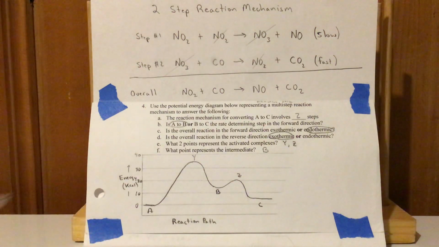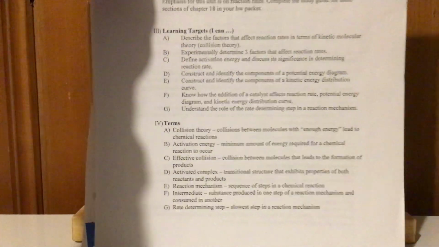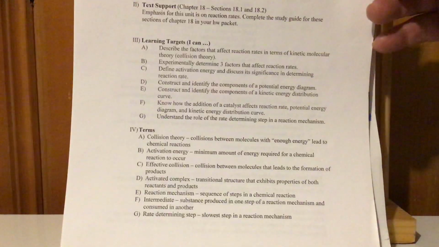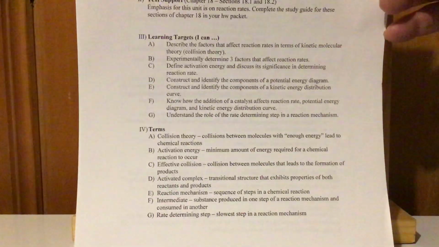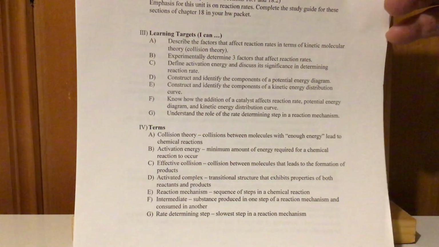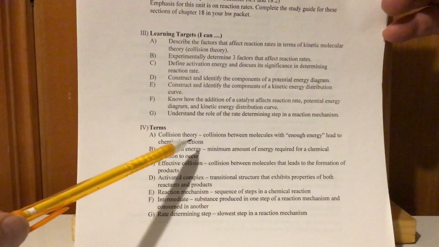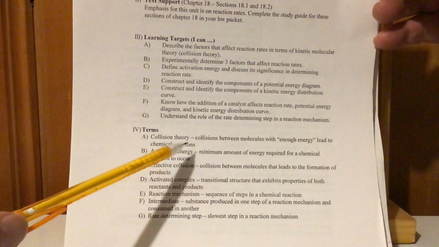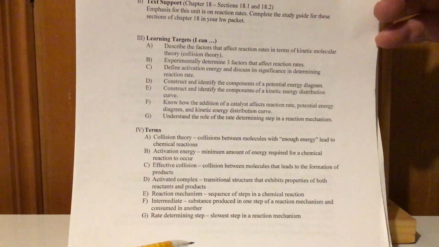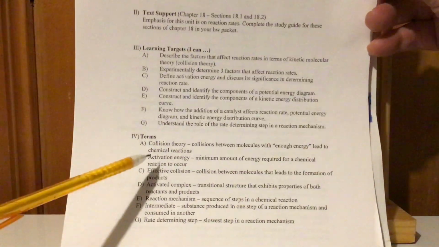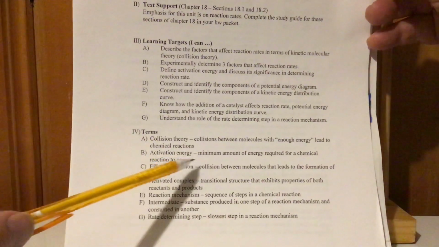One other thing I thought we should look at is the terms on page 1 of your homework packet, and I want to make a few comments about those. In order for a chemical reaction to occur, molecules have to collide. But not only do they have to collide, they have to collide with enough energy for old bonds to break and new bonds to form. What's that minimum amount of energy they need?